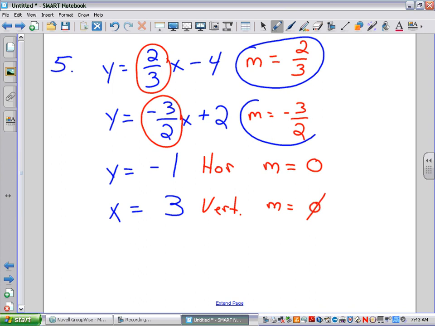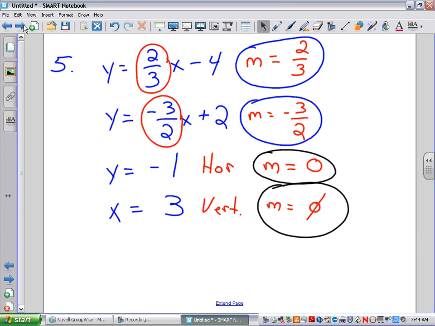The first one and the second one, because it's 2/3 and -3/2. But also, my third and fourth are also perpendicular to each other, because a horizontal line and a vertical line are always perpendicular.